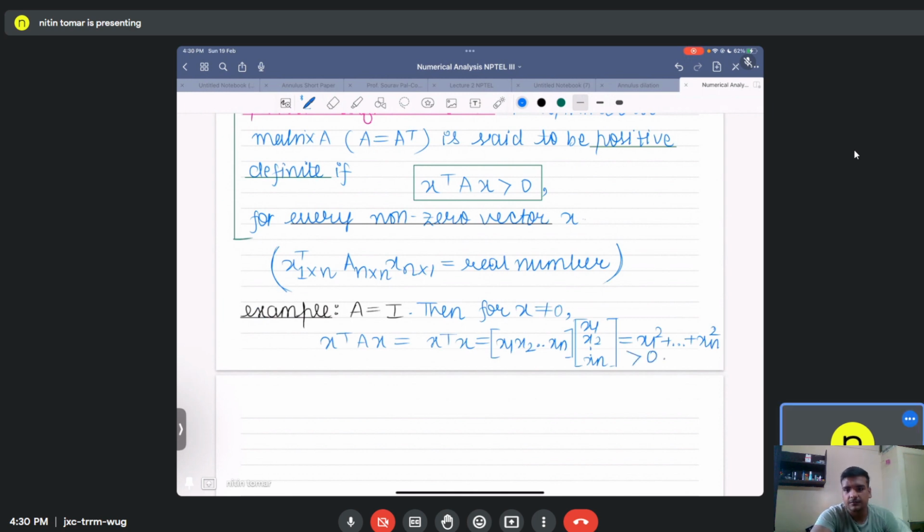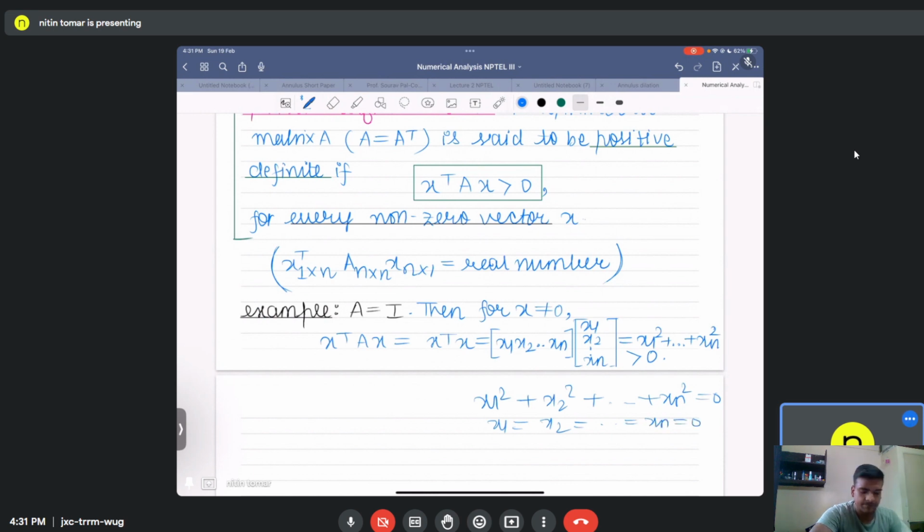The only possible way x transpose x can be 0 is if x1 square plus x2 square and so on is 0, which means all of these have to be 0, because it is a sum of squares.